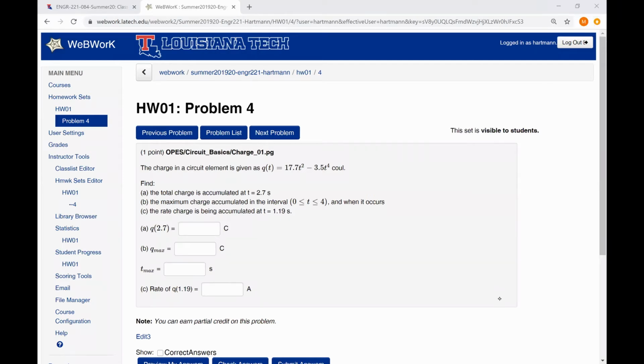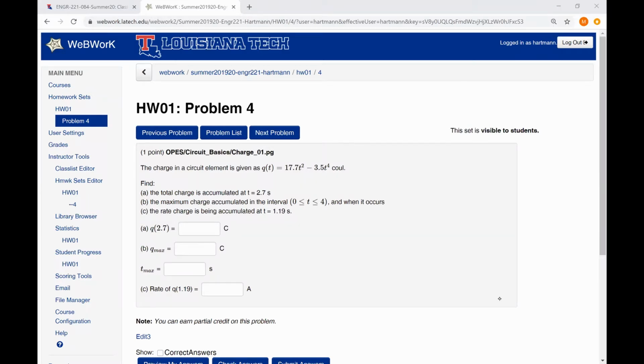You were given the relationship for charge as a function of time, and your question was specifically about part B, correct? Yeah, because it asked for the maximum charge first, but the way that I did it solved for the time first, and then I plugged that in to get the charge. Oh, okay. So that's a non-issue, I would think.